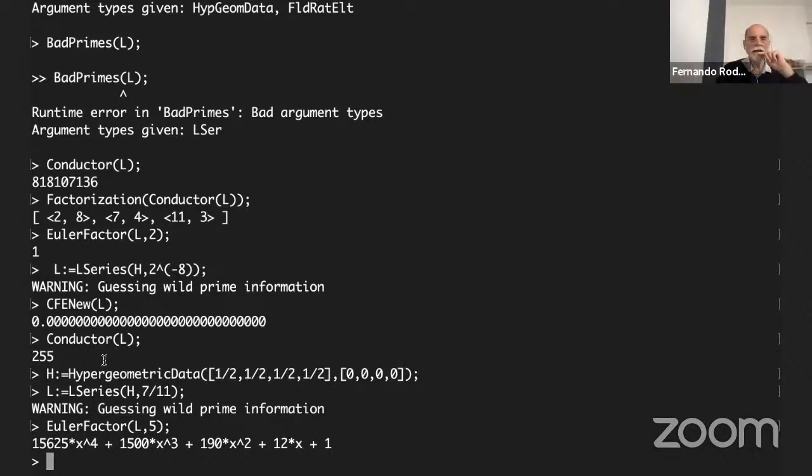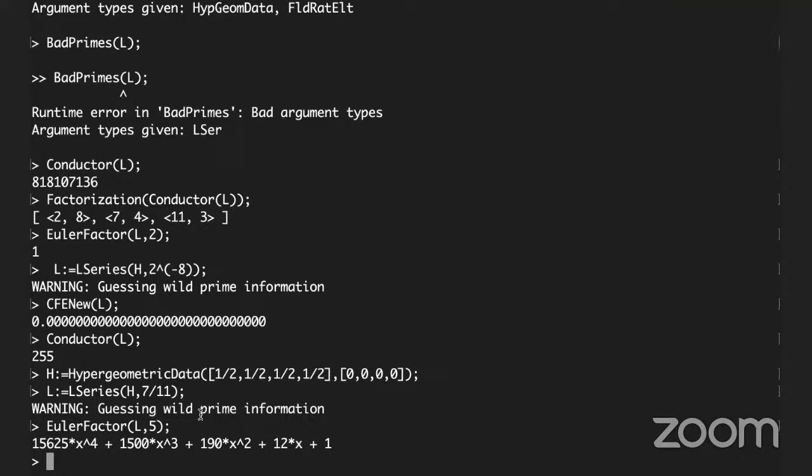So here's H. I'm defining it in terms of the alphas and the betas. Here's the L function of H, where the second argument is the value of t, the parameter. And it tells me that Magma is making some guesses as to what happens with the bad primes.